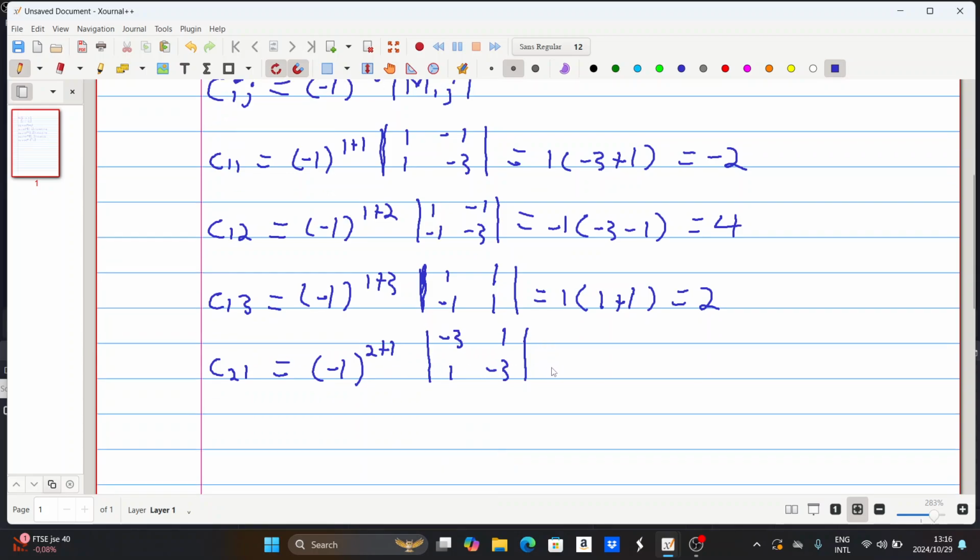Then this is going to be equal to negative 1 to the power 3, which is negative 1. Minus 3 times minus 3 is 9, then 1 times 1 is 1, so it's minus 1 here. 9 minus 1 is 8, times negative 1, which is negative 8. So we have negative 8 here.